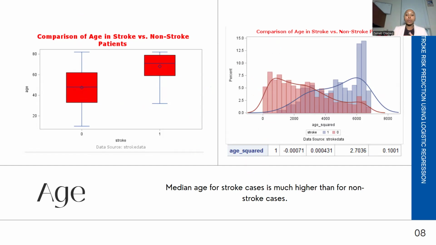Interestingly, I found that when you go past the age of about 80, there's a lower risk of stroke compared to somebody at that age. So I guess we all have to live past 80. Once you don't have a stroke at 80, most likely you will not have one again. But the median age for stroke cases is just much higher. That's the finding from this visualization.